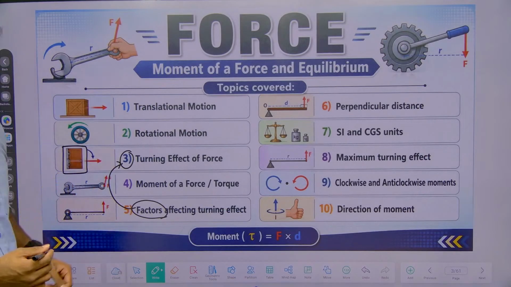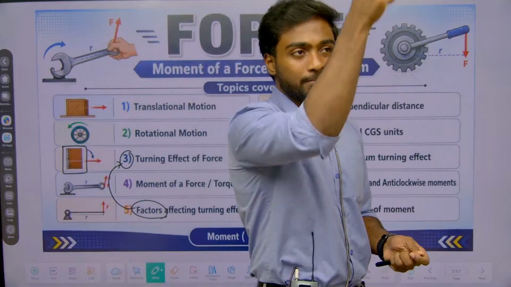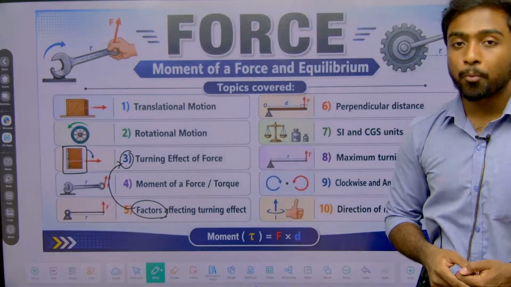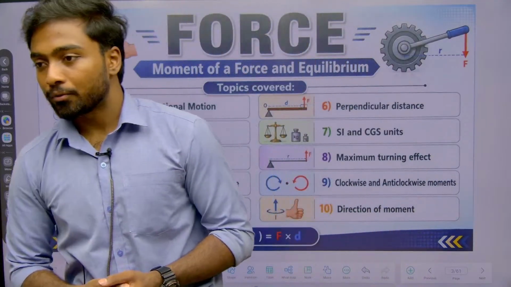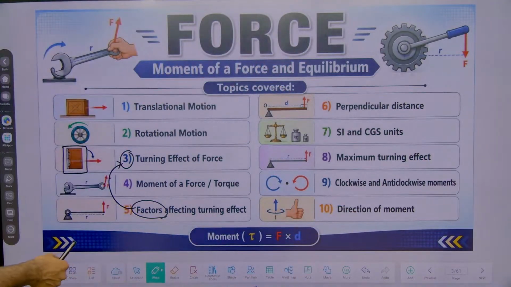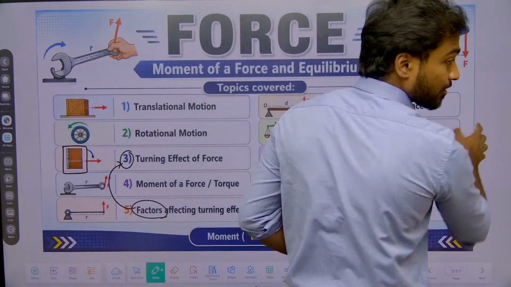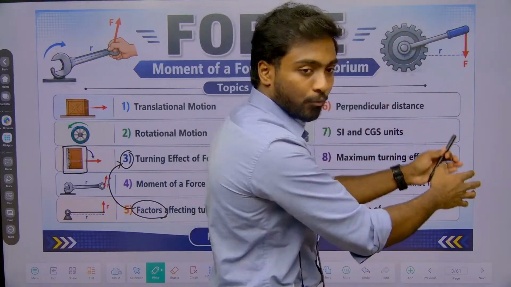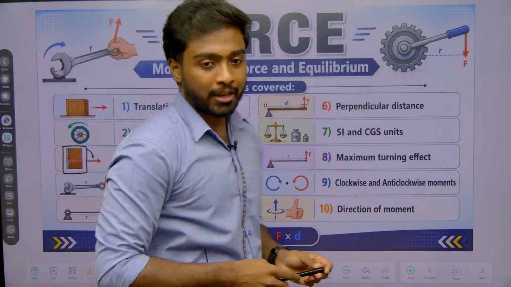Whenever you have noticed, why do they keep the handle of the door away from the hinges, the fixed points? Any idea? The people who were present in the offline batches, any idea why they kept the handle there? If this is the door attached to the wall, they will keep the handle on the other side of the attached part, right?